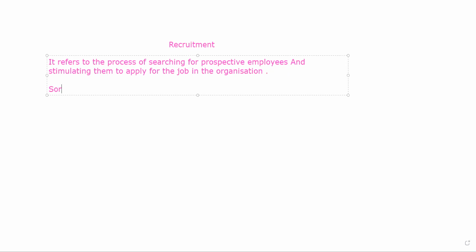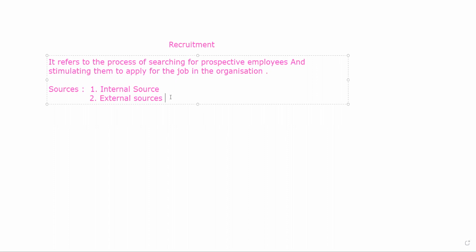So if I talk about the sources of recruitment, these are two in number. The one is internal source, and the second one is external sources.